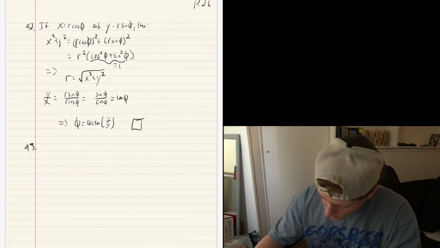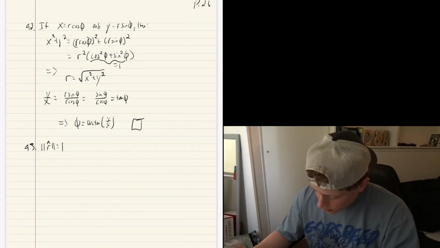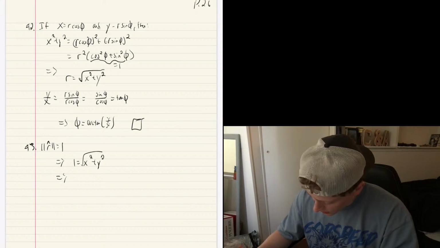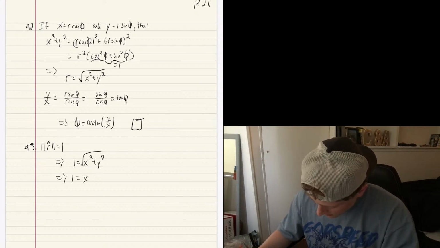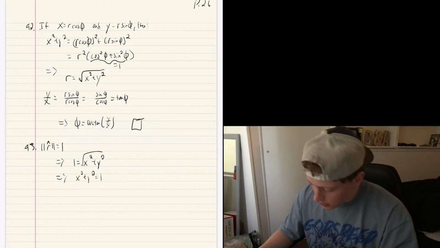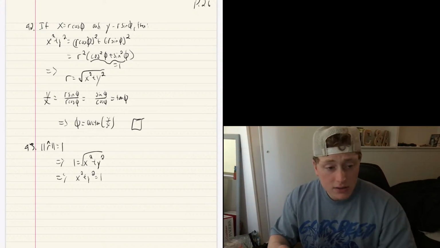So if we have this equal to 1, we know that 1 is equal to x squared plus y squared. And we know, oh, technically, but then, yes, it's also this. X squared plus y squared is equal to 1.